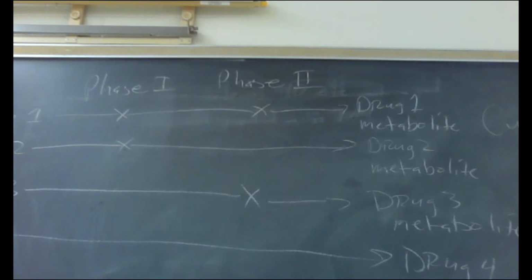That's a side effect of statin toxicity. In this case, the drug is not being degraded, so the drug builds up in concentration. That causes the toxicity, which for statins is rhabdomyolysis.